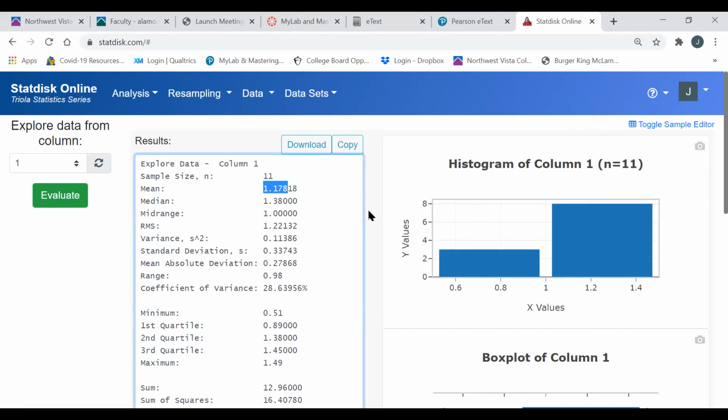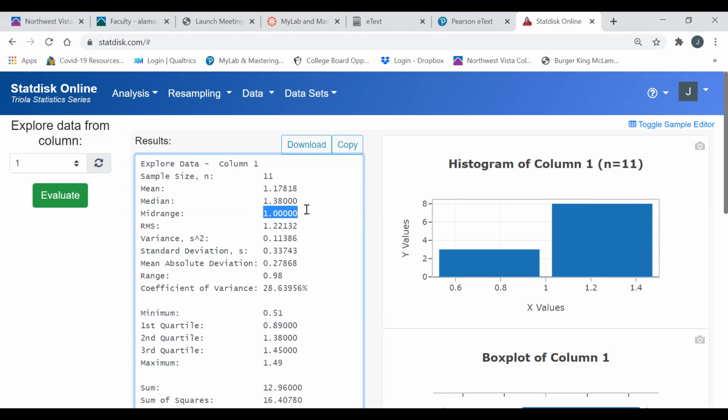Okay, 3. Median 1.380. We'll come back and do mode in a little bit. Mid-range is 1.000. Consistency, people. Consistency.